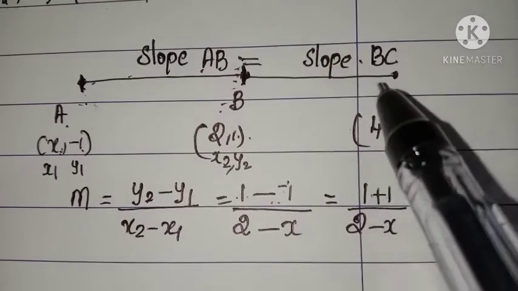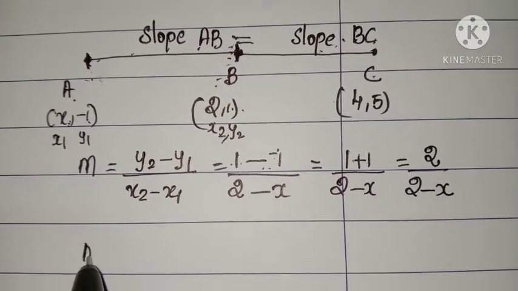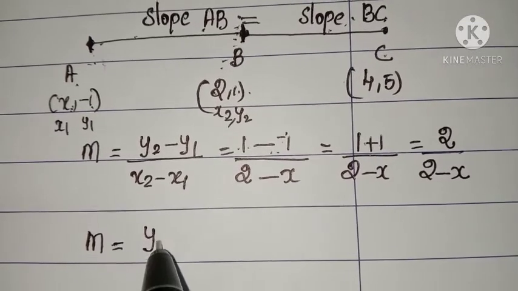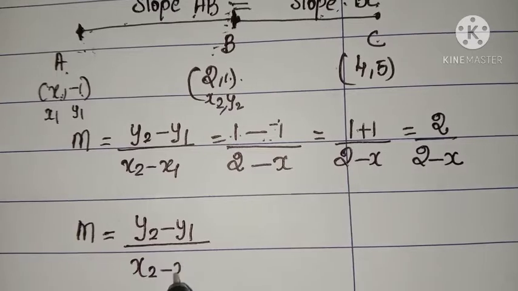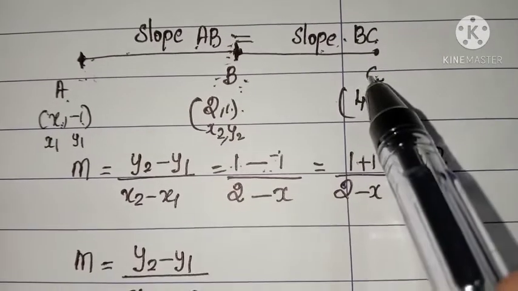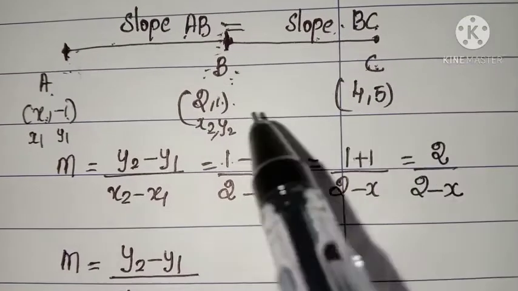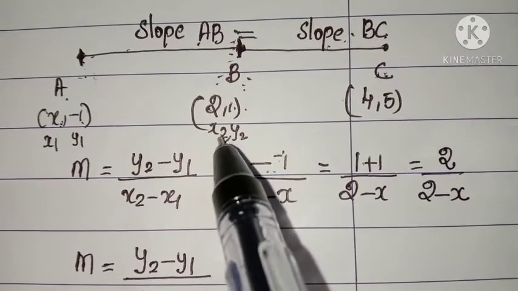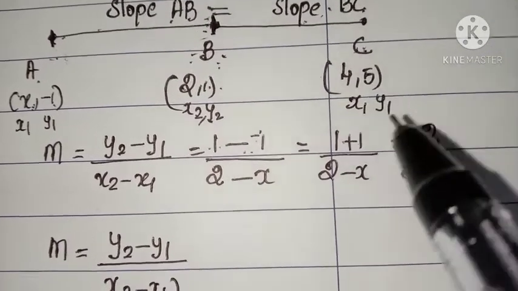Now let's see slope of BC. Same formula, m equals y2 minus y1 by x2 minus x1. So consider these 2 points B and C. One point is x1, y1, another point is x2, y2. So already we defined x2, y2, so for our convenience, we can choose this as x1, y1.